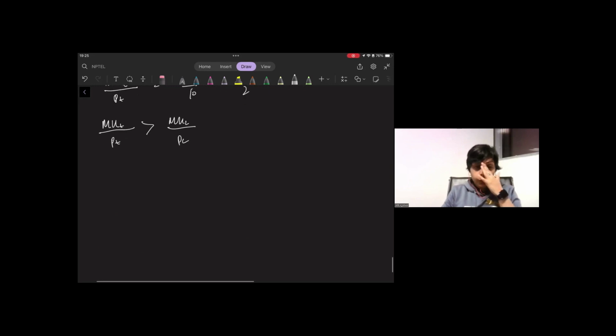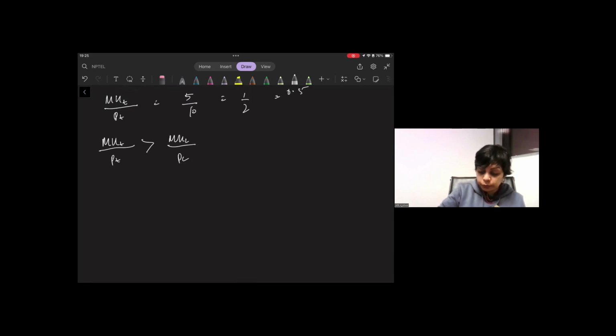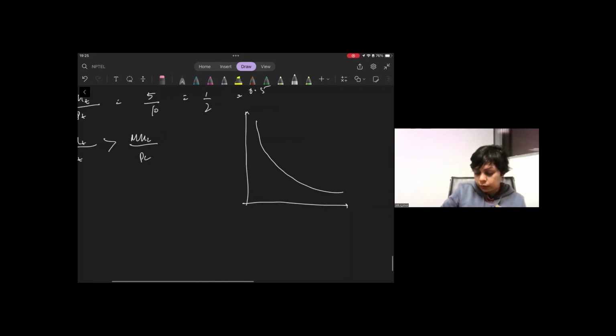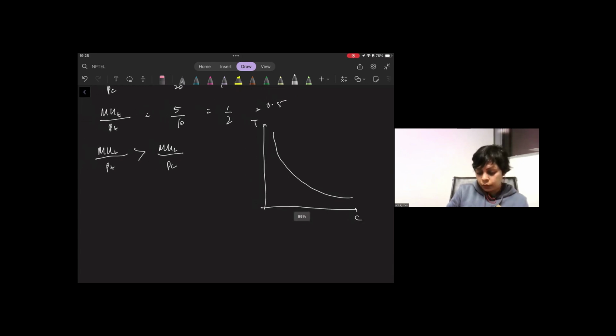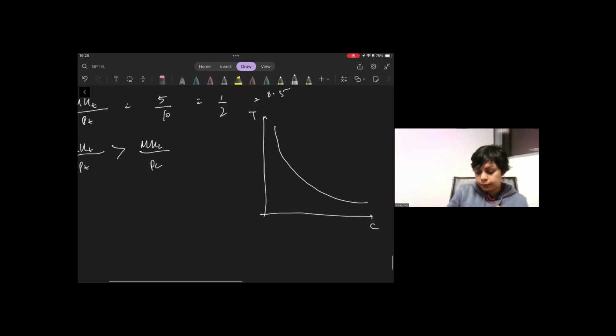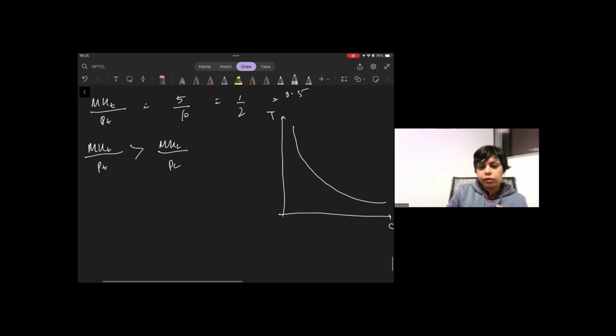So in this case, say suppose this is an optimization problem, a consumption bundle problem. Let's say this is coffee and this is tea. This is a set of indifference curves, say suppose.